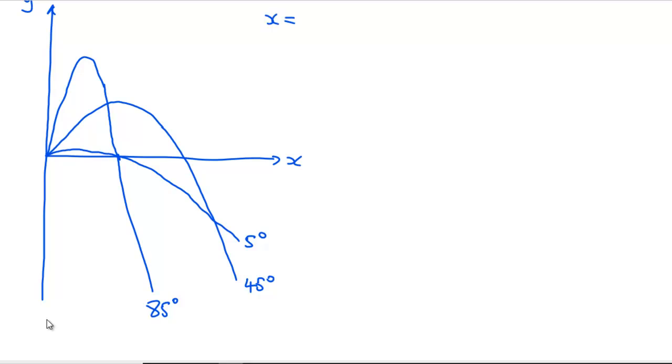So let's write out our parametric equations for a projectile. x is v cos theta times t, y is going to be v sin theta times t minus g over 2 t squared. I'm just doing suvat in both directions: s is ut plus half at squared. So we can rearrange the first one and substitute for t in the bottom one.